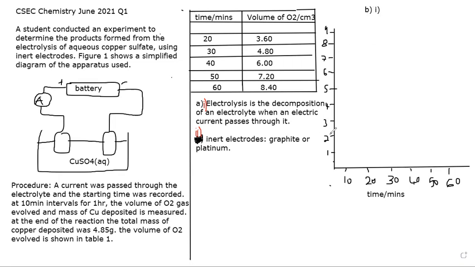B1 now is asking us to plot a graph of volume of oxygen versus time. So we have volume here from 1 to 9, and on the x-axis, it's time in minutes. The scale was already provided for you. I'm just going to put on the values. It won't be as accurate, but it can work.